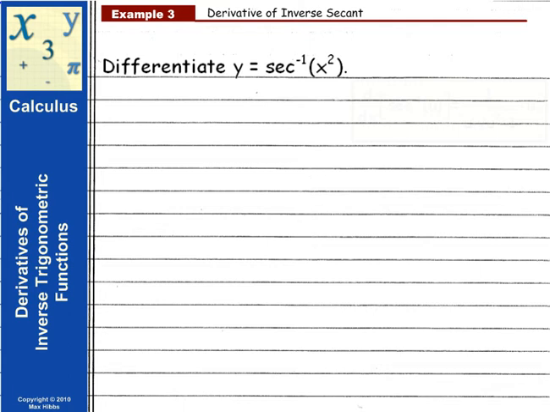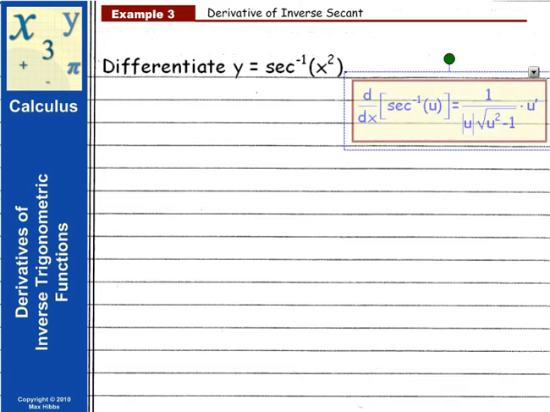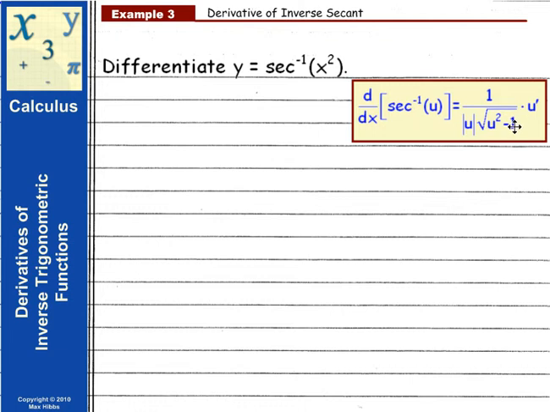Well, as you can see in this example, our problem is to differentiate y is equal to the inverse secant of x squared. And once again, I'm going to allow us this hint, and we're assuming that we're looking this up in the table as we're memorizing, but it's a matter of just replacing into the table then, so into the formula.